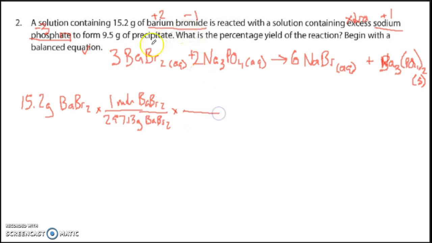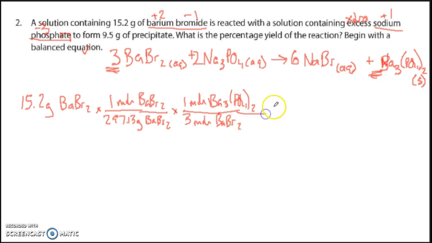Now, I need to take it to the precipitate, which we identified as this thing. So that ratio is 3 moles barium bromide in my denominator and 1 mole of the barium phosphate, Ba3(PO4)2.